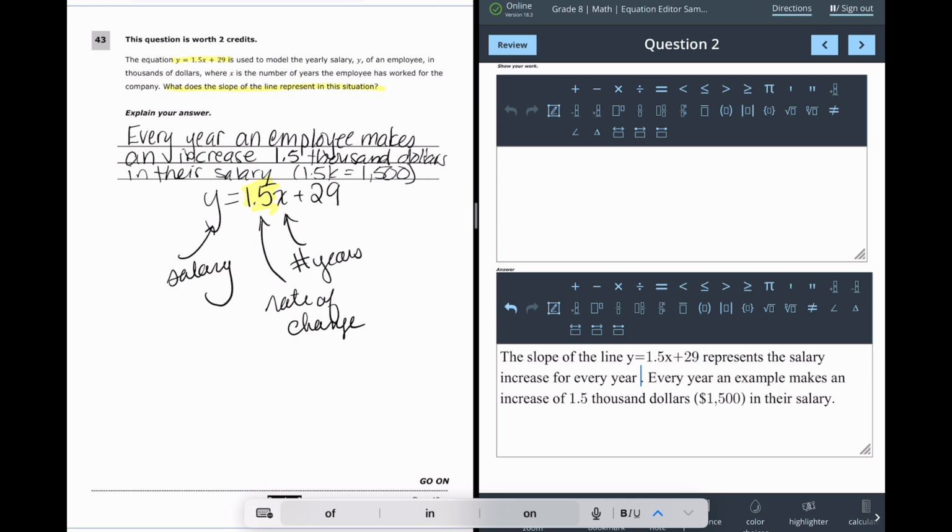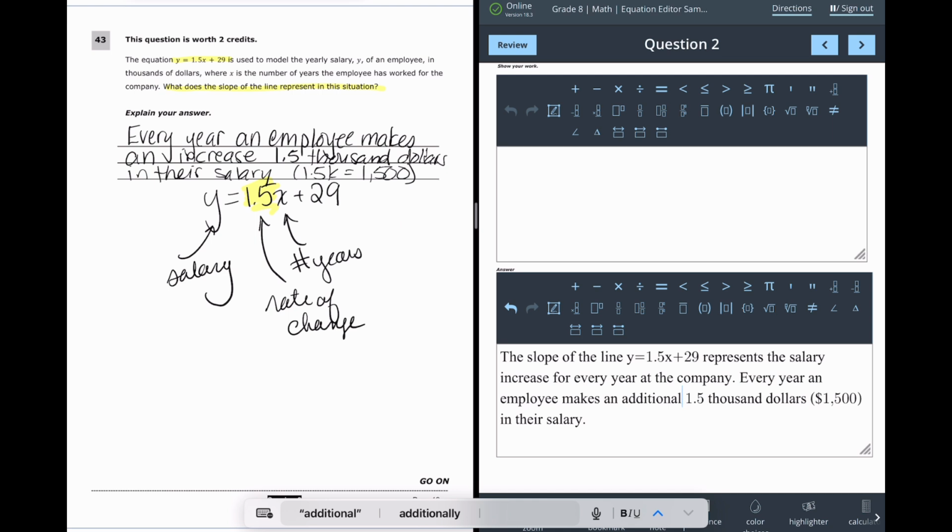Every year at the company, an employee makes an additional $1.5 thousand in their salary. All right, done. That's it.